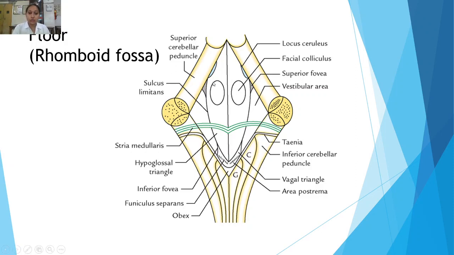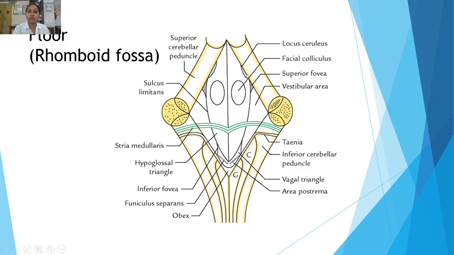So the important landmarks we have to see on the floor or rhomboid fossa are the midline sulcus that divides it into two halves, then two large medial eminences on either side, then sulcus limitans that limits the medial eminence. Lateral to sulcus limitans we have the vestibular area. Sulcus limitans encloses the superior fovea.